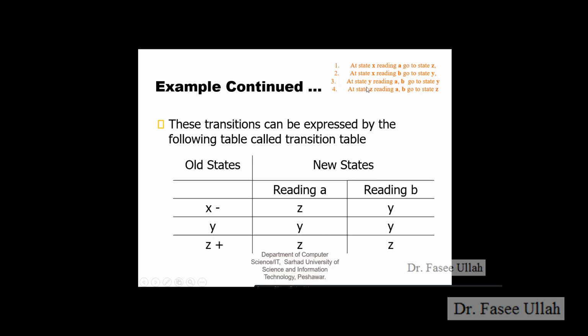At state Y, when reading A or B, it will reach Y. So I can say A, B. If I read A in this state, it will reach Y. Again, if I'm at state Y and I want to read B, it must reach Y. This is how we define the loop or recursive language on the same state. It is the same for Z, which is the final state.